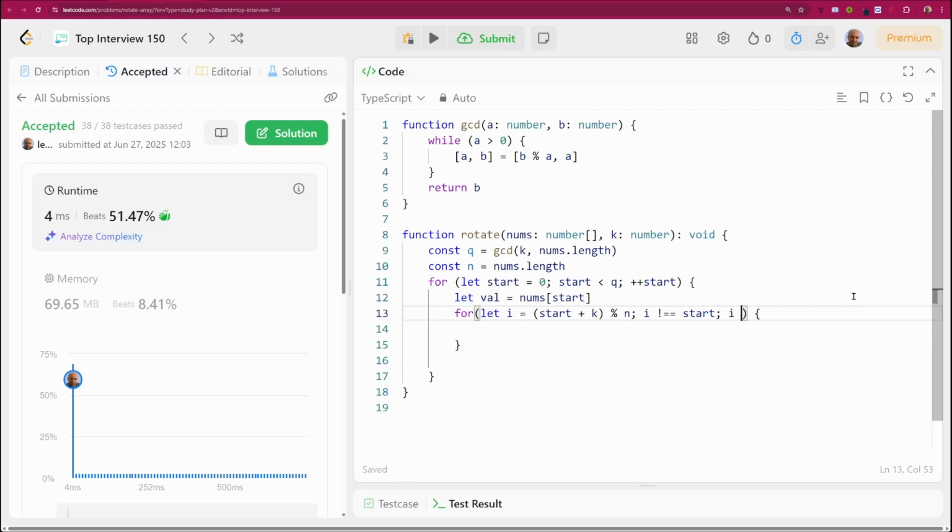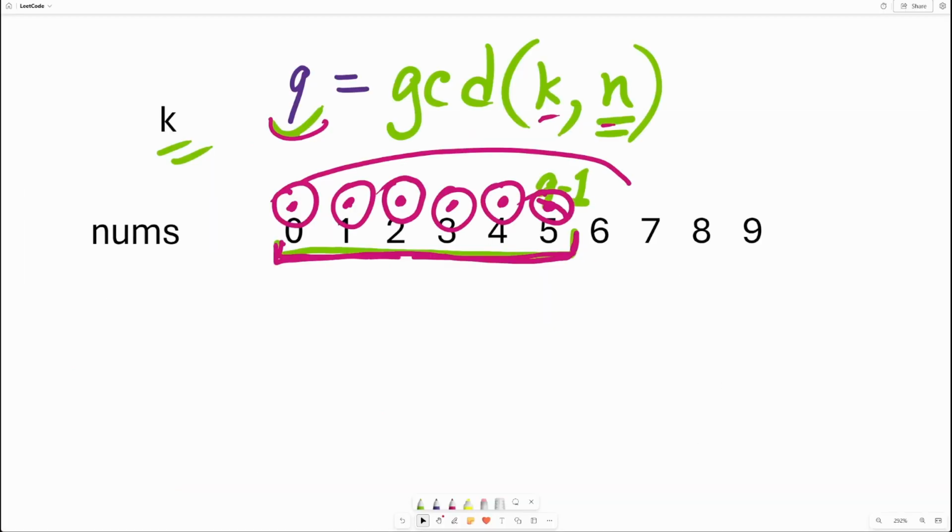So I should be I plus k modulo n, right? That means basically next jump is the same. So we add k and just do the wrapping by doing modulo n.